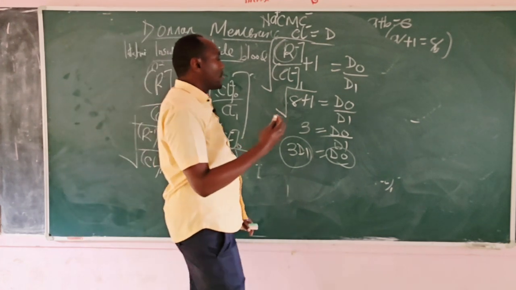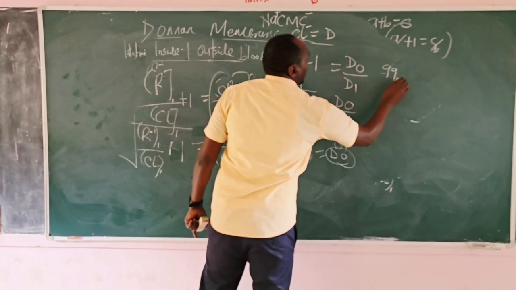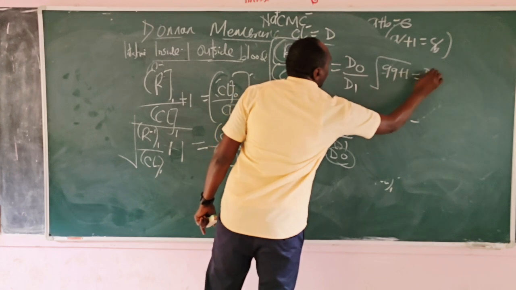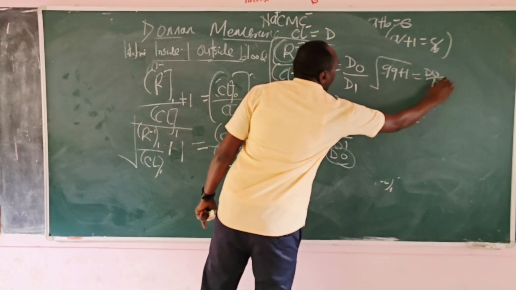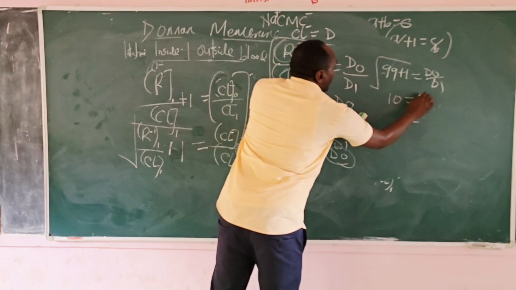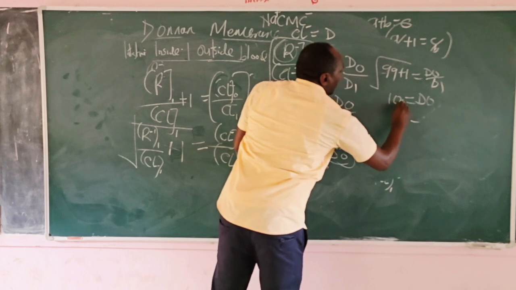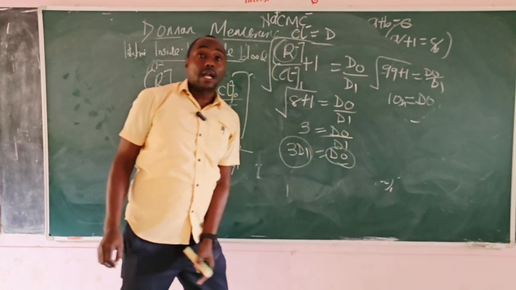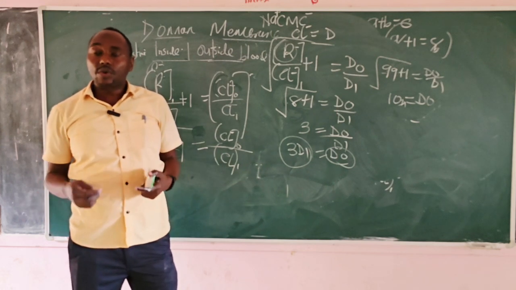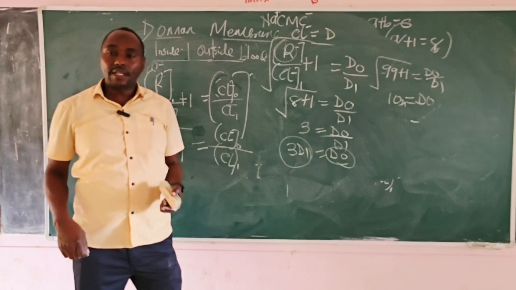Suppose, for example, we took 99. 99 plus 1 is equal to D0 over D1. So it means this drug outside the membrane. Remember, outside is the blood. What we want to achieve is that this drug is supposed to be absorbed, right?